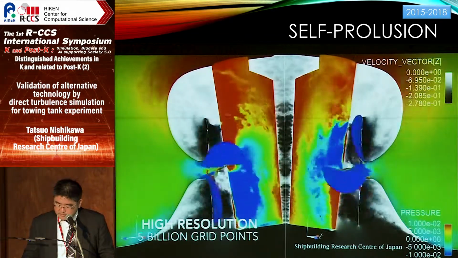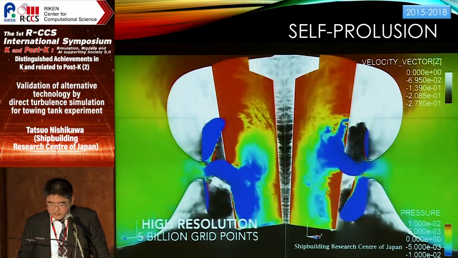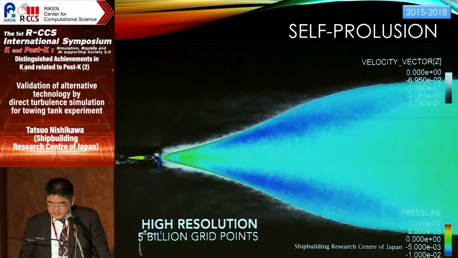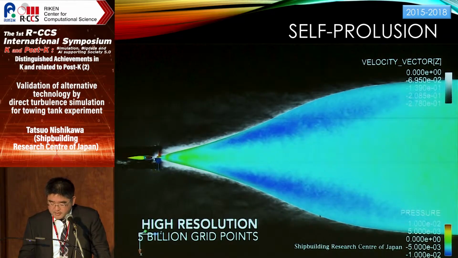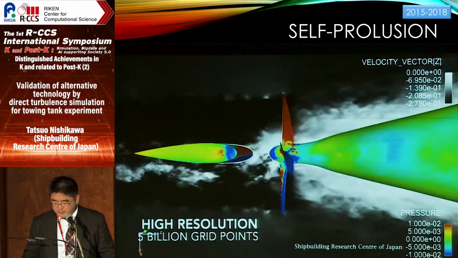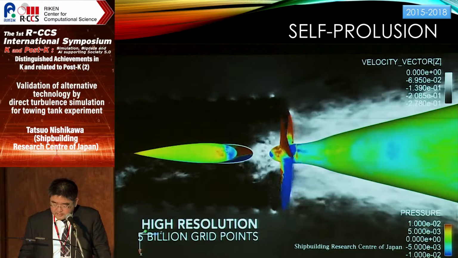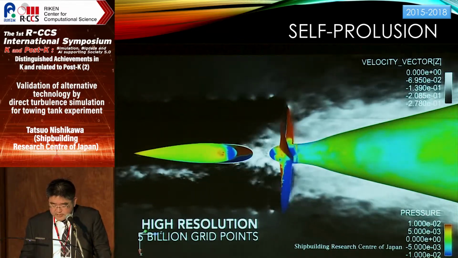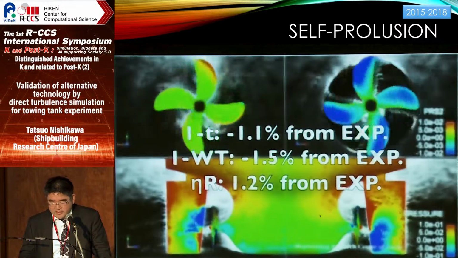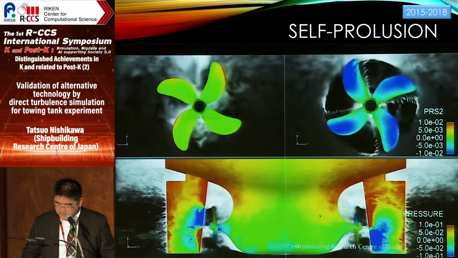Here, I think the most important thing is that we can use this information in the actual design scene, which is impossible by experiment. In order to predict the necessary power of the actual ship, we have to obtain self-propulsion factors, and we confirmed that those values are estimated with enough accuracy.